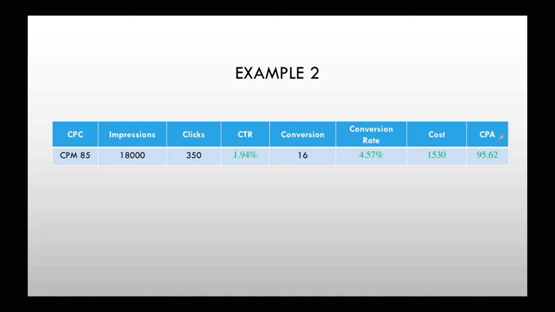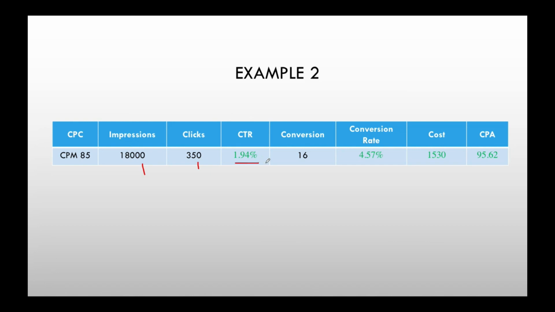So as per my calculations, my CTR is 1.94%. So basically 350 clicks divided by 18,000 impressions multiplied by 100 should give me 1.94%. So if my ad is visible 100 times, I probably might get 1 or 2 clicks, somewhere between 1 and 2. The conversions were 16.